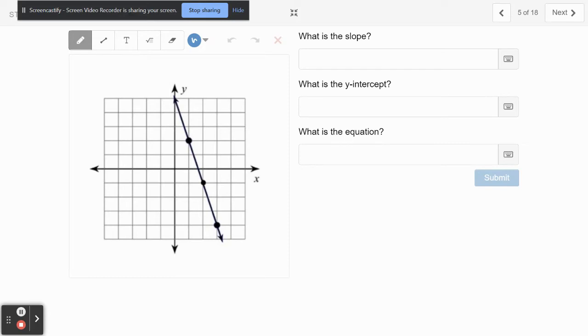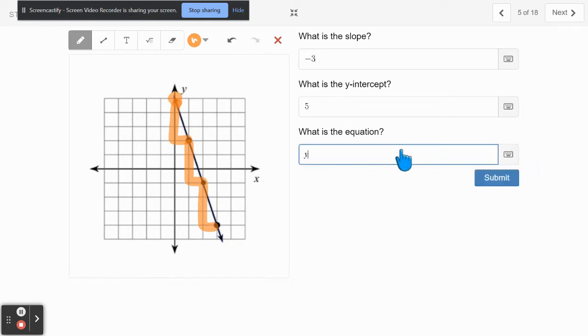All right, label everything out here. Push pause. The y-intercept is right there. What's that, +5? 5, I know it's in a different order there. The slope is going to go down 3 over 1, down 3 over 1, -3.